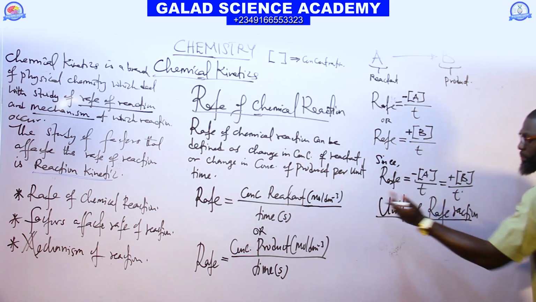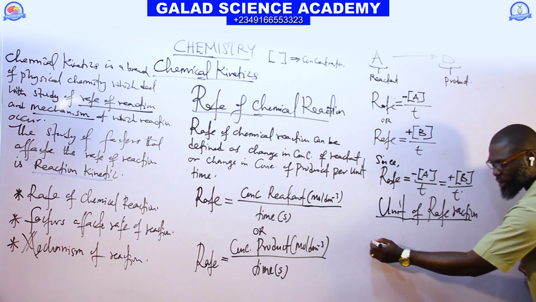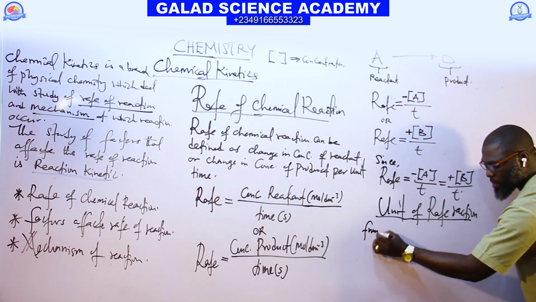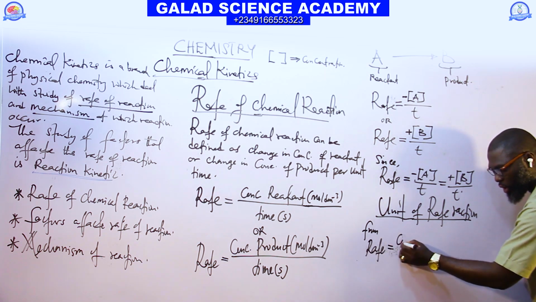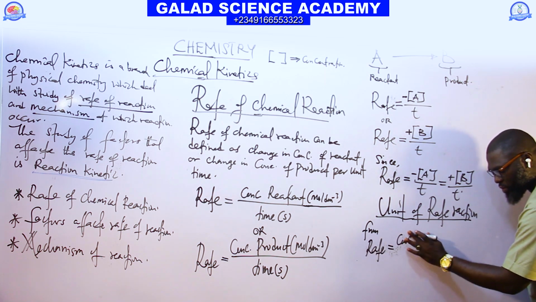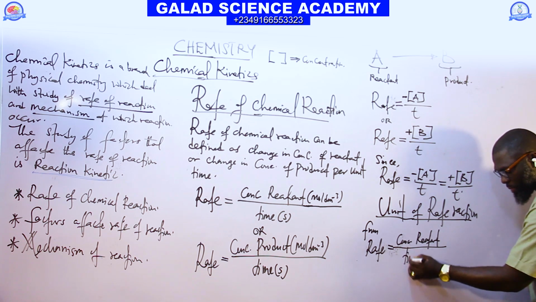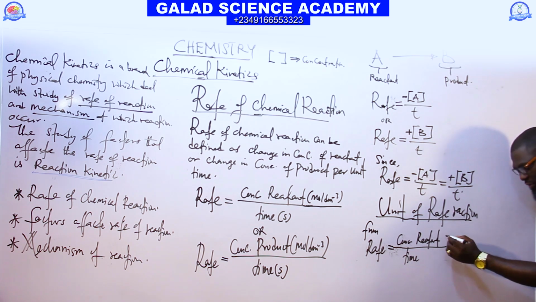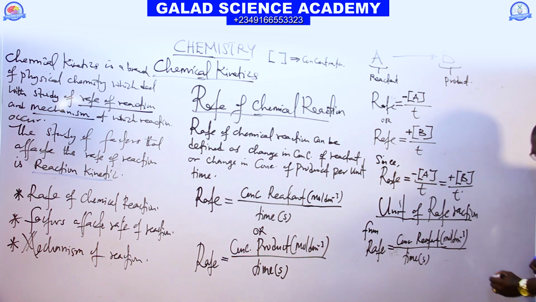From this expression, rate is equal to the concentration of reactants over time. The unit we have there is mole per dm cube, and the unit for time is seconds.